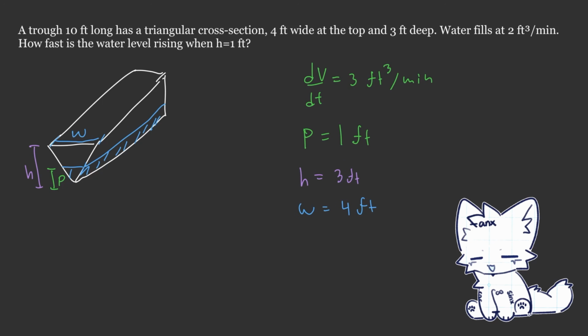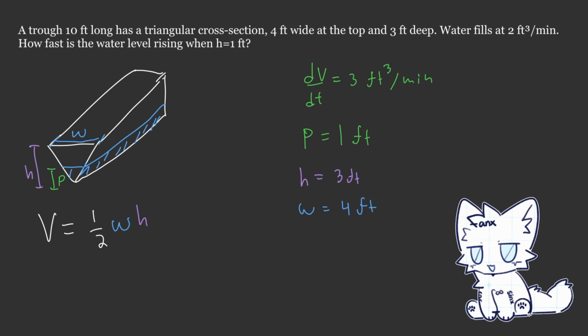Can you find an equation that helps capture the shape of this water trough or this situation? What is the volume for a triangular prism? It's just V is equal to 1/2 times the width times the height times the length.